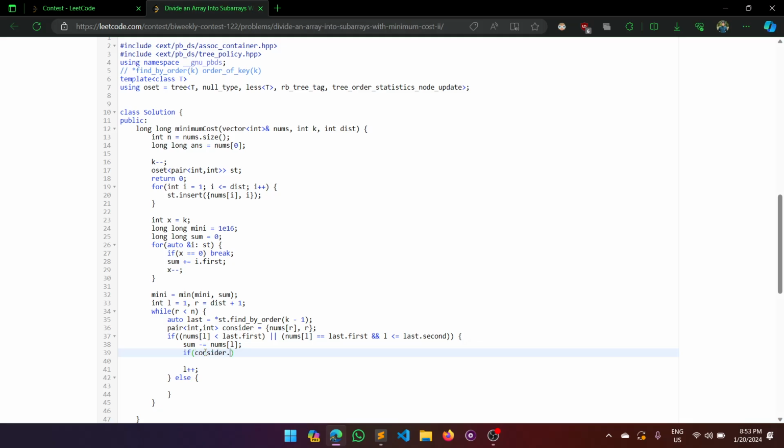If consider dot first, yeah, it's before that, right? You have to compare it with this element.